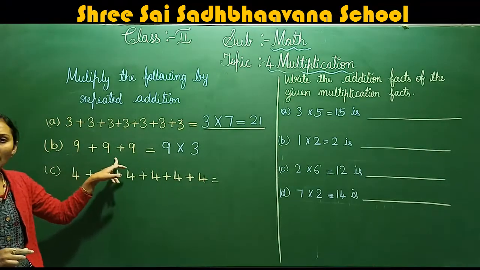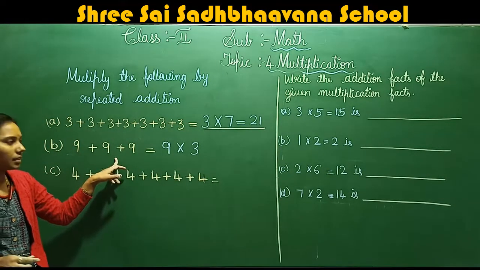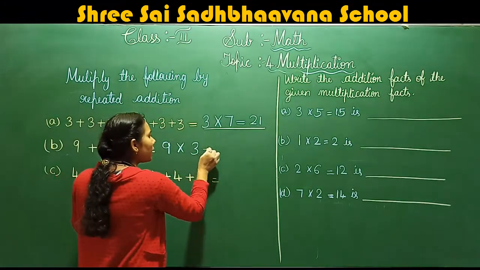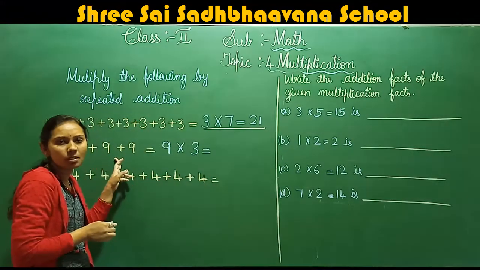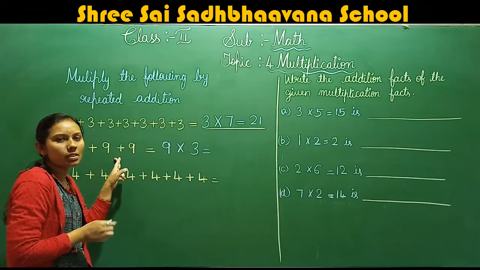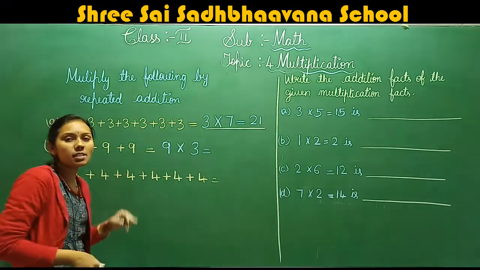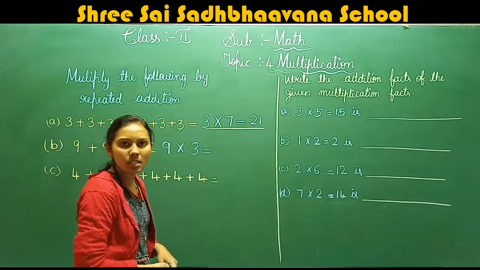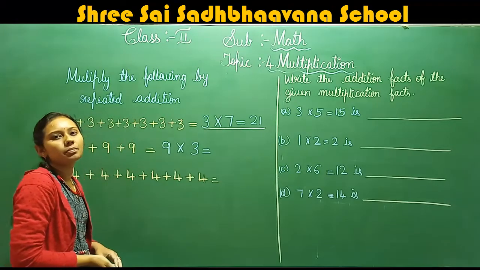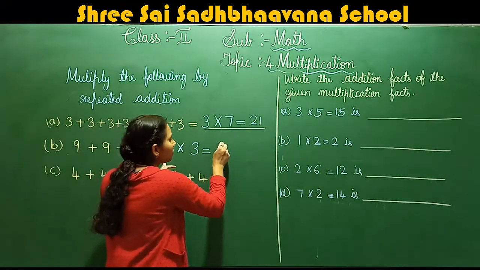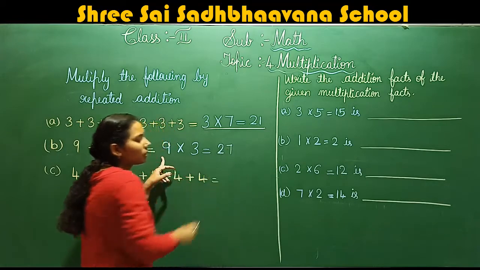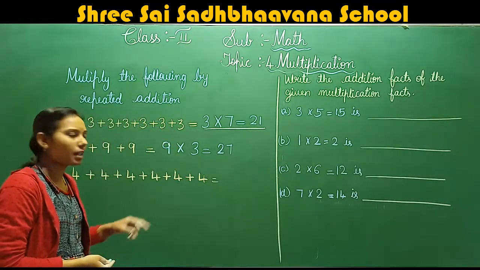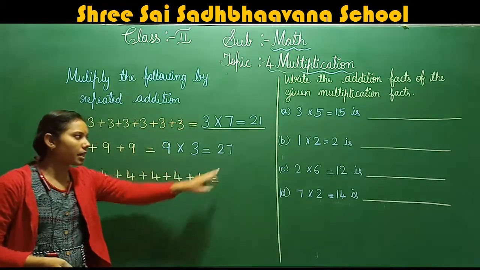If we add, how much will we get? If we multiply, 9 threes are how much, children? Say the 3 tables or the 9 tables, whichever you like. 9 threes are how much? 27, right? 9 threes are 27.